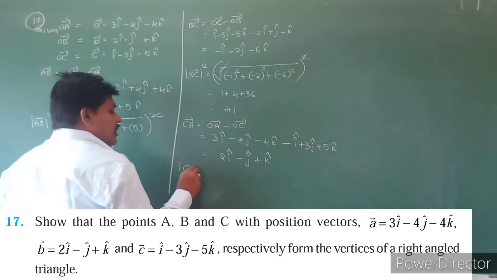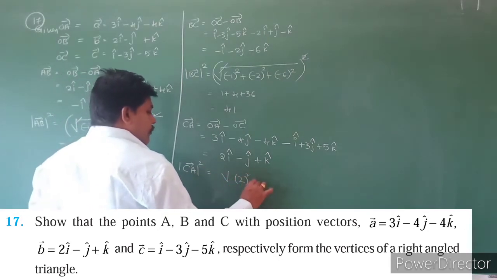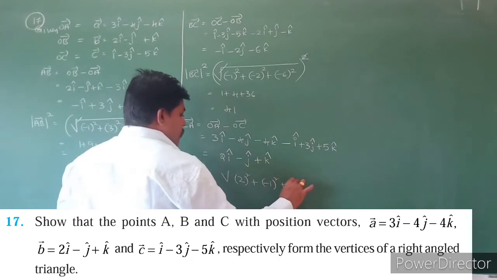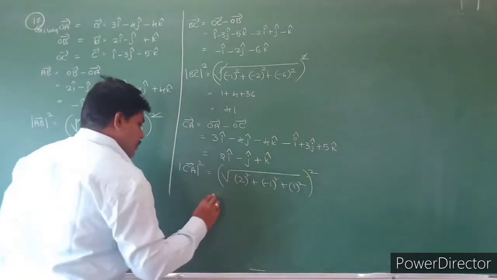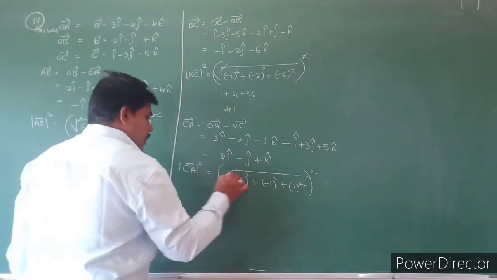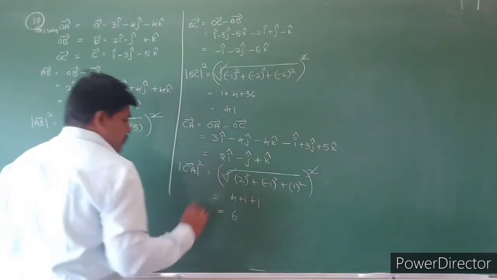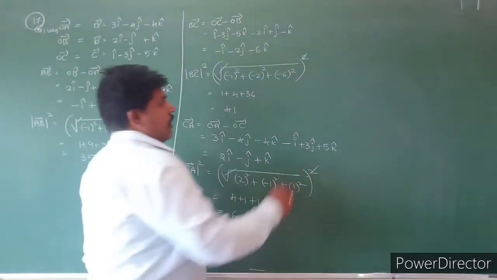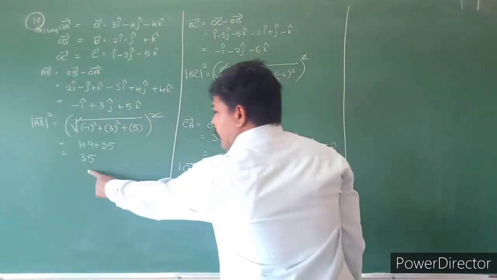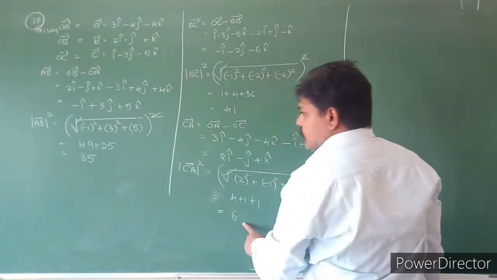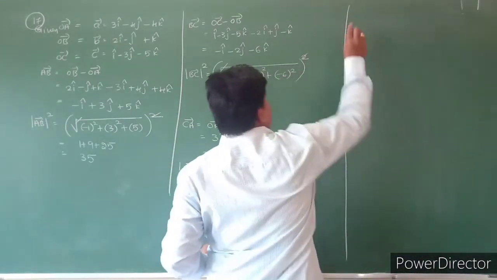So mod CA bar whole square is the square root of 2 square plus (-1) square plus 1 square, the whole square. The square and the root will be cancelled, that is 4 plus 1 plus 1, which is equal to 6. Therefore, this is the 35 and this is the 6. If you add these two, that is 41, this value is here.